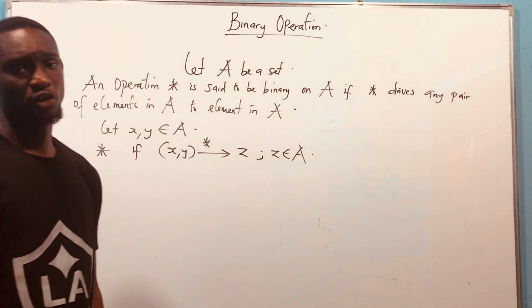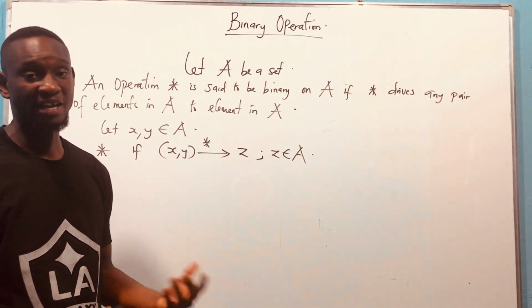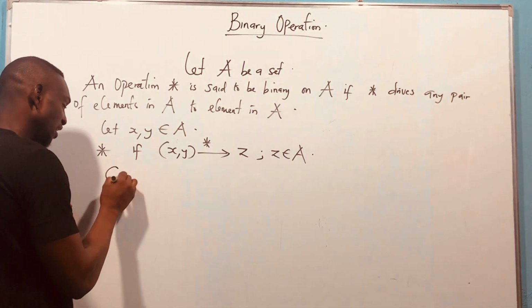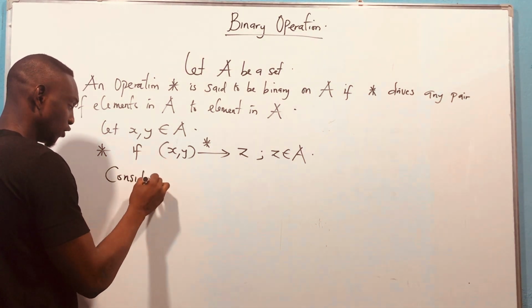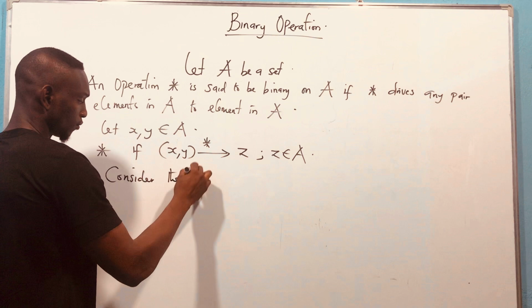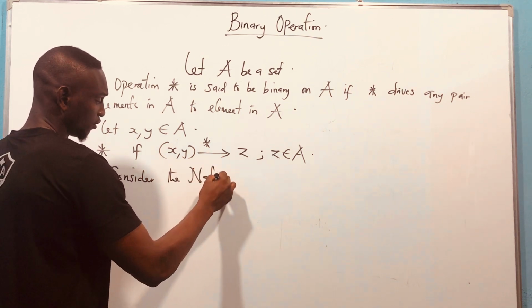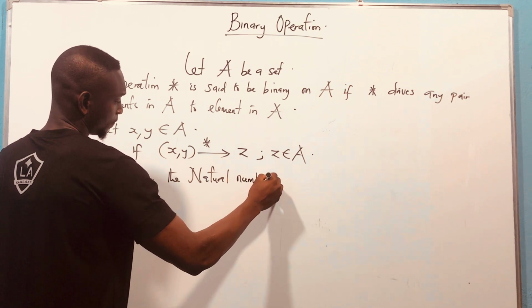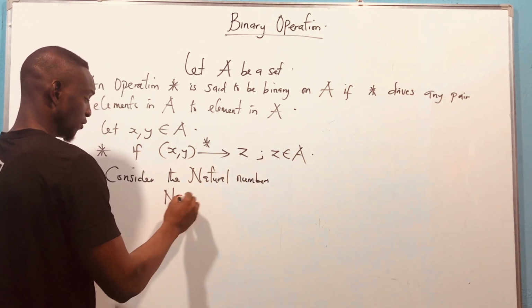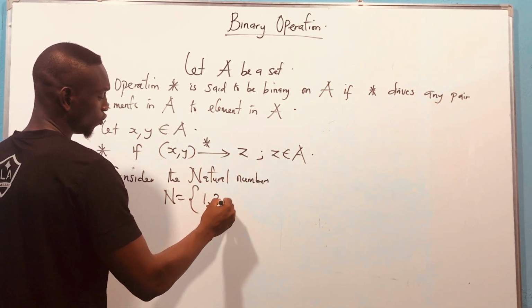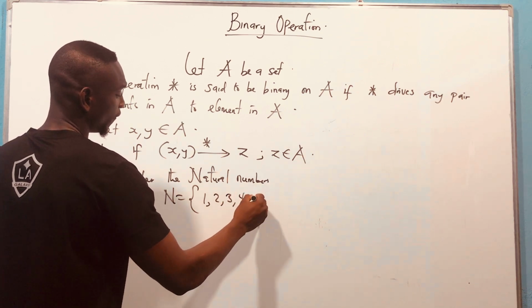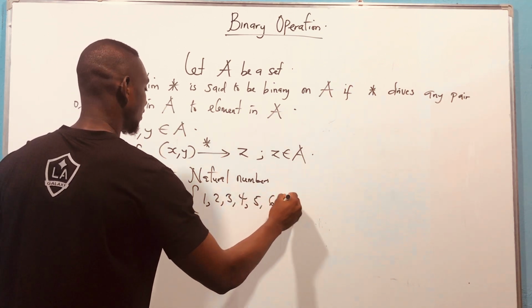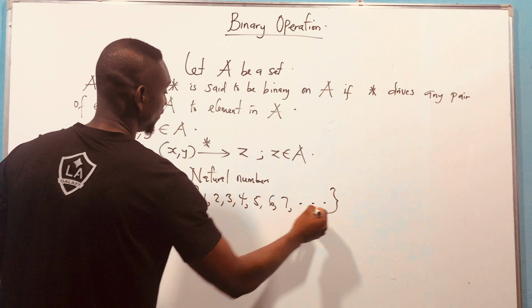Let's take the natural numbers as a constructive instance. Consider the natural numbers, let's call it N. We have 1, 2, 3, 4, 5, 6, 7, and it goes to infinity.